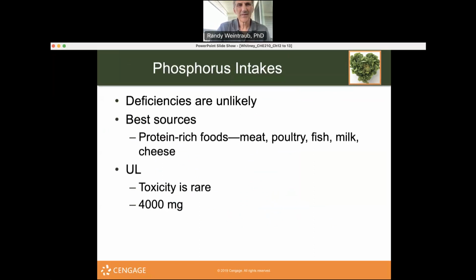Phosphorus is pretty abundant in lots of foods. Most abundant in protein-rich foods. Toxicity is rare. There is an upper limit given at 4,000 milligrams.